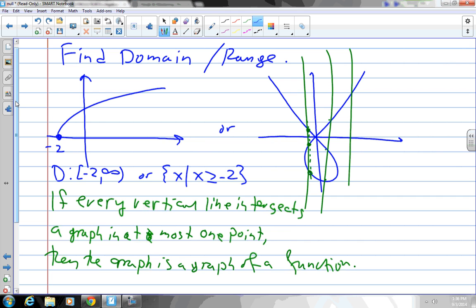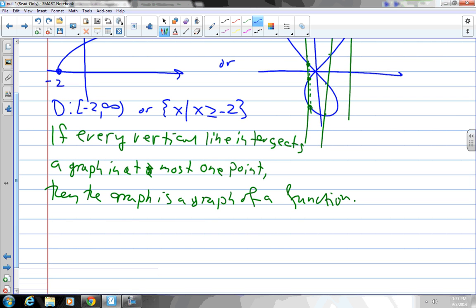Now I'm looking at the possible outputs, the possible y values. What is the range here? Yeah, from 0 to infinity. The lowest y value we have is 0, and then it keeps growing. So you're just looking at the y-axis.